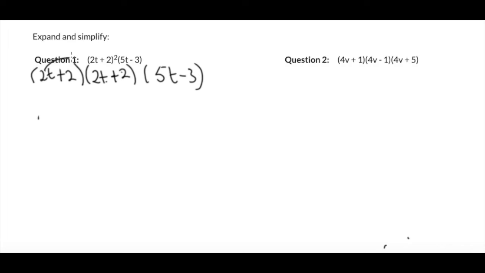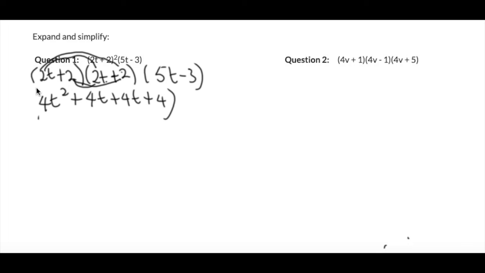So that will be 2t times 2t, which is 4t squared, and then 2t times 2, which is plus 4t, then 2 times 2t, which is plus 4t, and 2 times 2, which is plus 4.